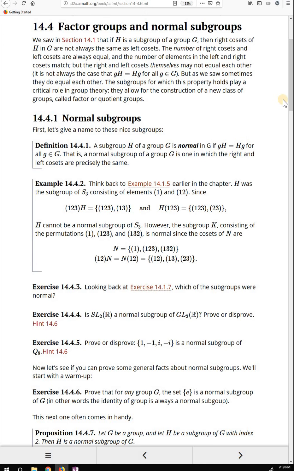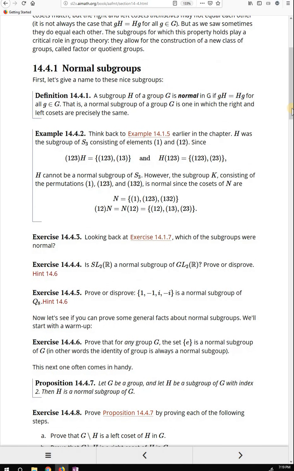It turns out that, I'll say it, but it may not completely sink in, if you have a group and a normal subgroup, then the cosets of the normal subgroup form a group in its own right. So let me say it again.